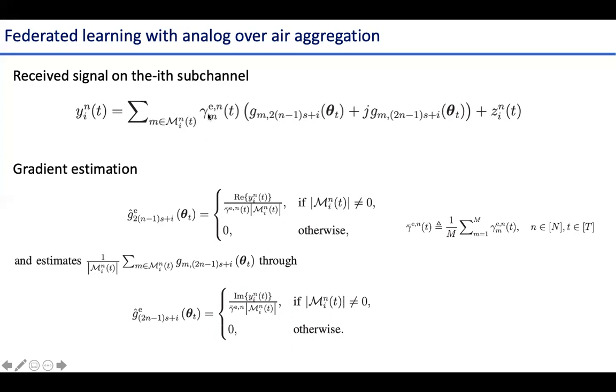So we are actually receiving a weighted sum of those gradients. When we divide by the average gamma, we reconstruct an estimate of the sum of the gradients, which is not exactly the sum.